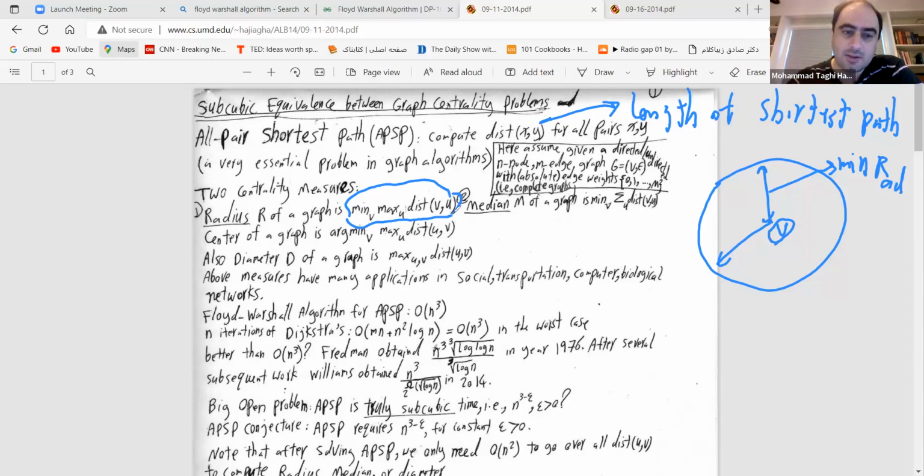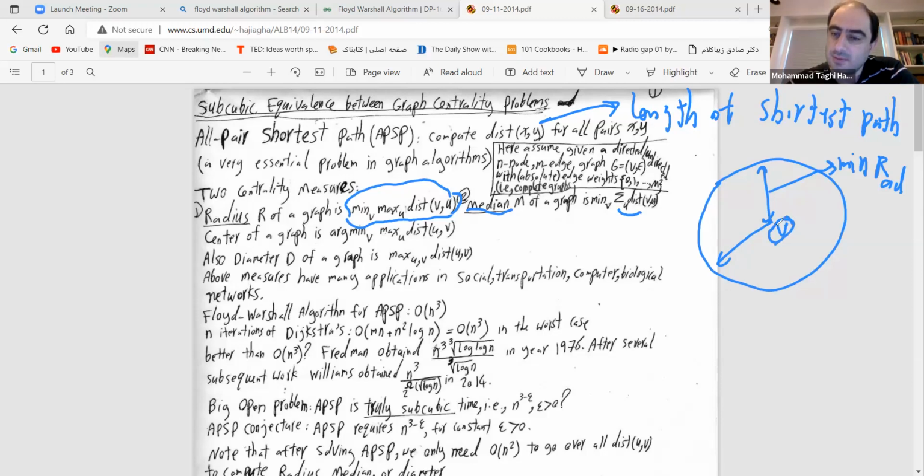So this is the radius. The other thing we are talking about is the median. What is the median? It is essentially very similar. Again, you consider all vertices, but here, instead of considering the max distance, you sum the distances.